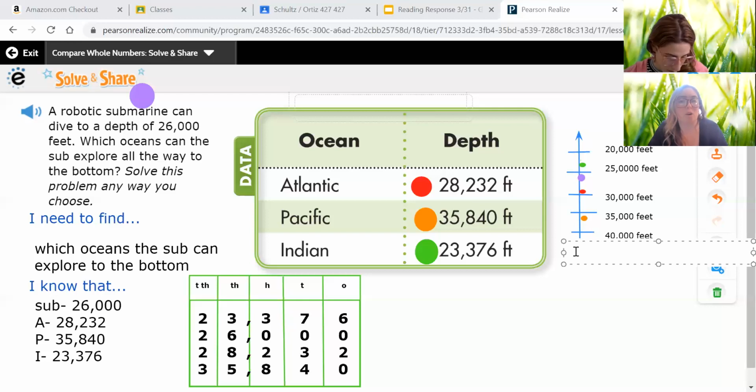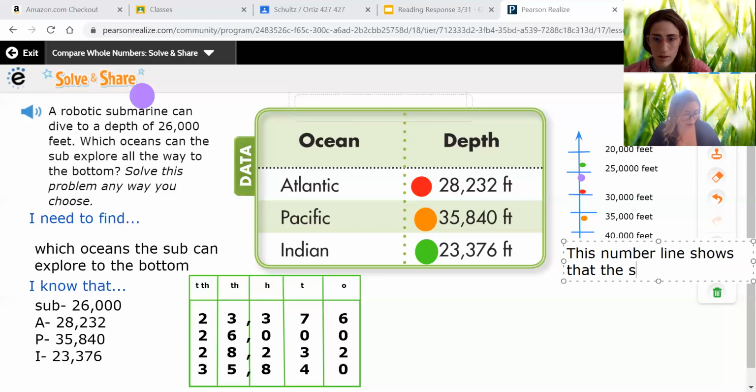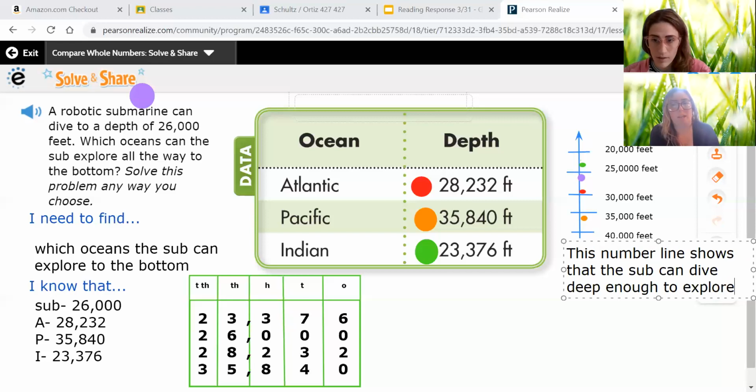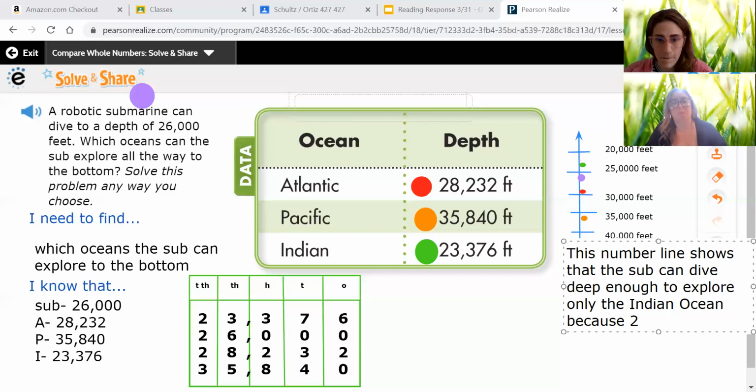But the Indian Ocean is 23,376 feet. And that, I know, is less than 26,000 feet. And if you look at my number line, my submarine can go past the depth of the Indian Ocean. So this number line shows that the submarine can dive deep enough to explore only the Indian Ocean all the way to the bottom, because 26,000 feet is greater than 23,376 feet.